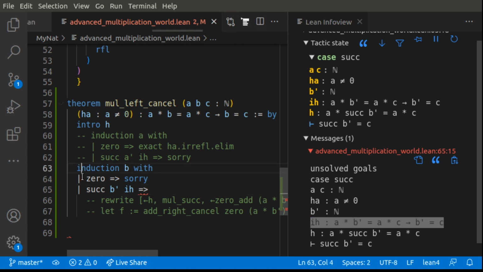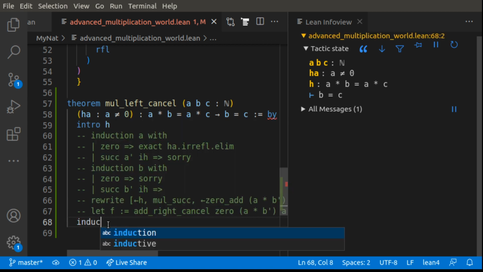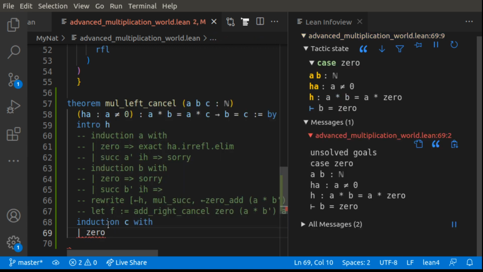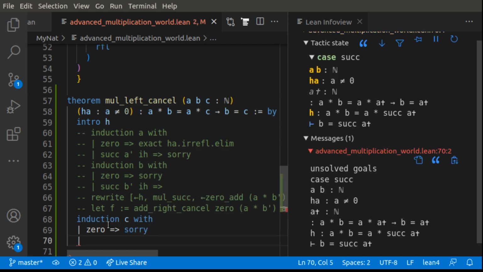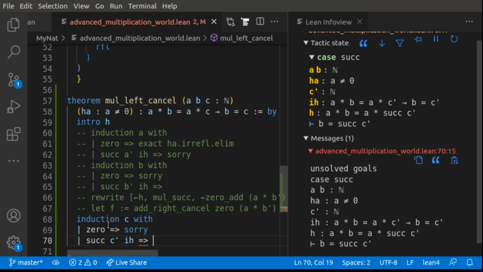Okay, let's try induction on C, because that's what this hint is telling us. I'll leave everything I've done so far. Induction C with 0, sorry for now. Successor C prime, inductive hypothesis.